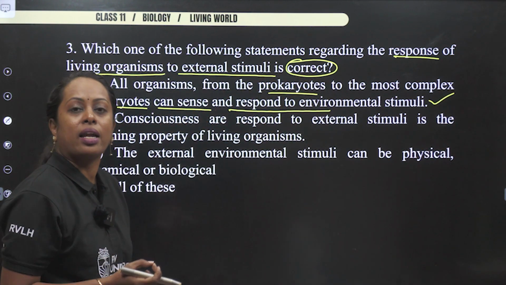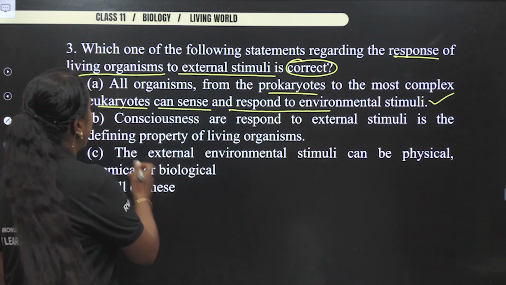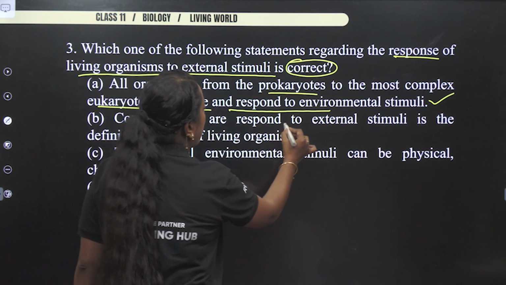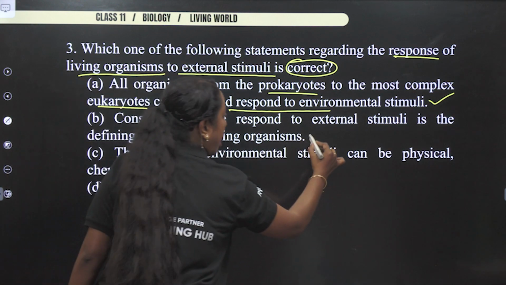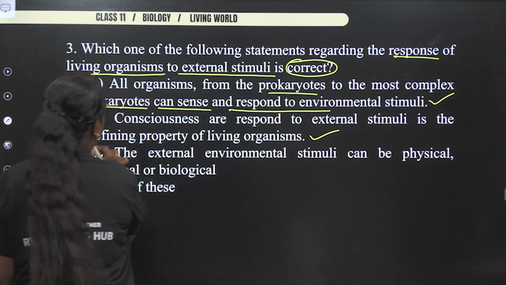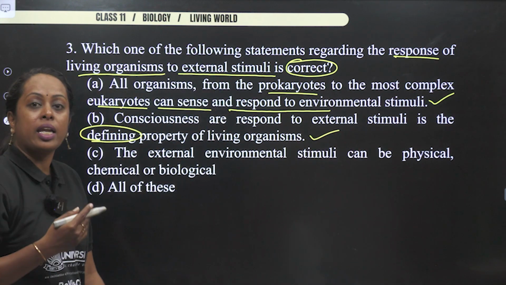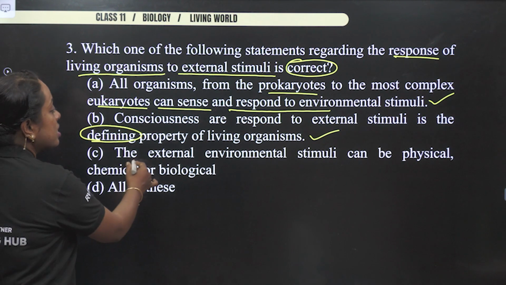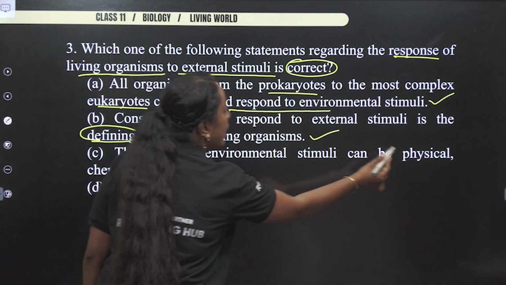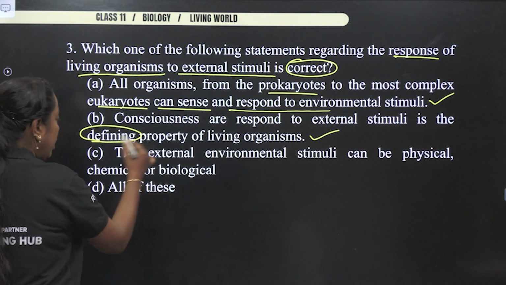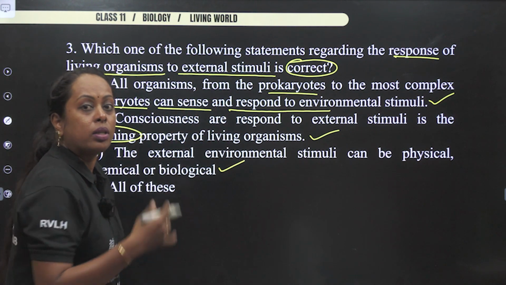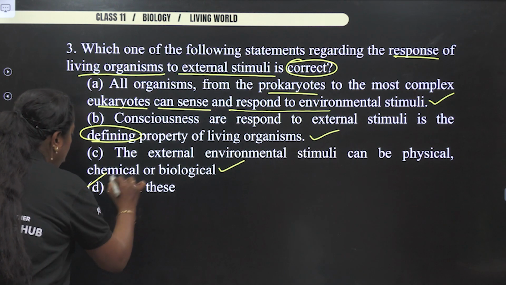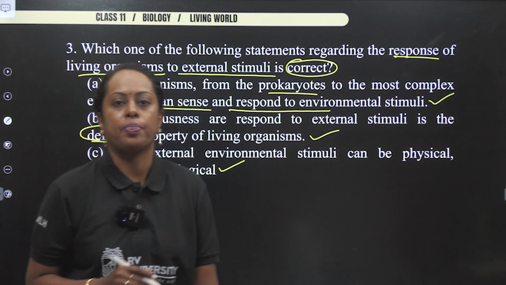It's a defining characteristic of living organisms. Next, consciousness in response to external stimuli is a defining property of an organism. Yes, consciousness is also said to be a defining property. Next, the external environmental stimuli can be physical, chemical, or biological. It is also correct. So the answer becomes all of these.